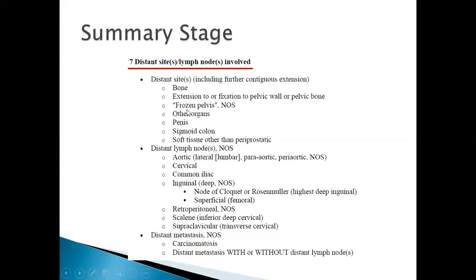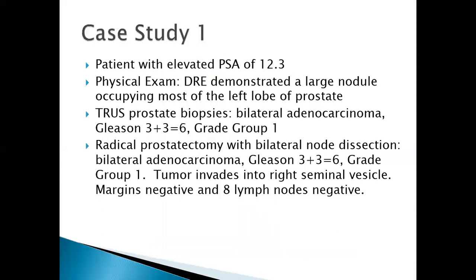Bone is, but liver isn't, lung isn't, okay? So it's not an all-inclusive list, all right? And you can pretty much think, what would be distant from the prostate, okay? So if it's not listed in the regional direct extension, then it's distant.